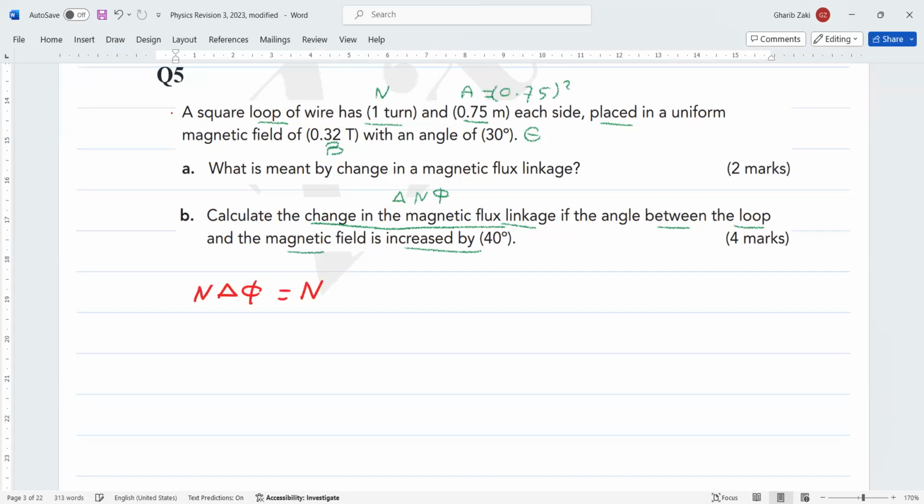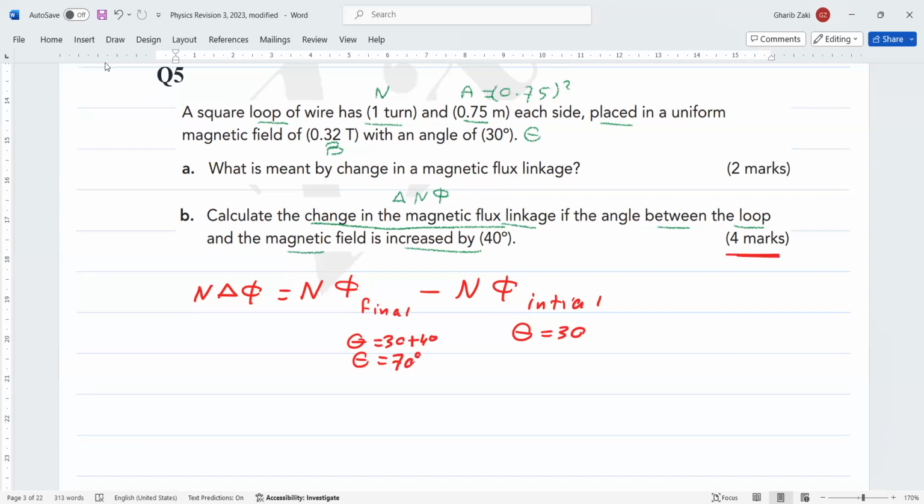It's N phi final minus N phi initial. In the initial, the angle theta is 30. In final, what happened? The angle increased by 40. It is not 40. 30 increased by 40. So it is 30 plus 40. So the angle in final theta is 30 plus 40, which is 70 degrees. Take care for that. Look, it has 4 marks.